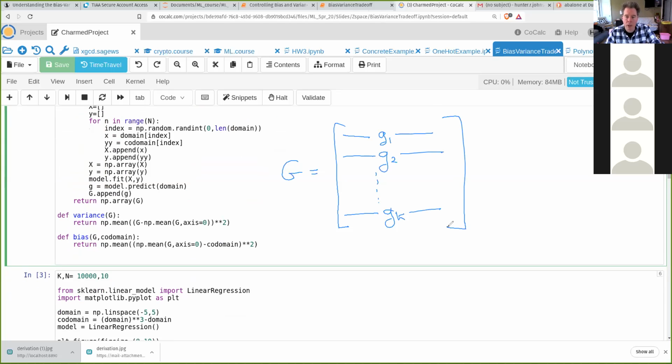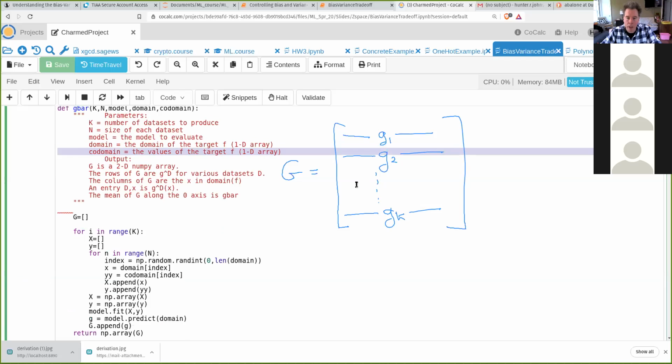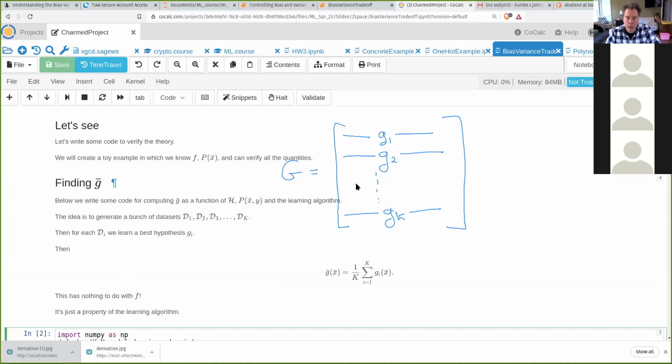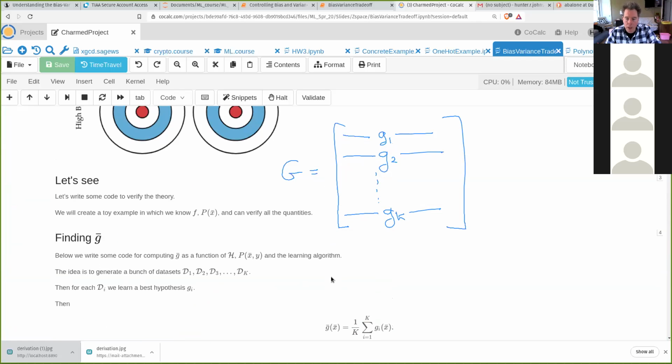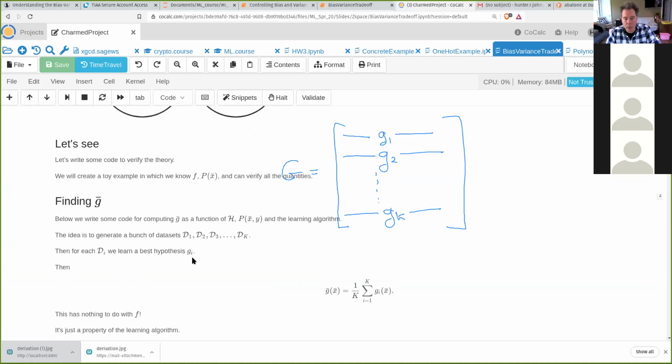And let me just remind you what that gobbledygook means. So that is in terms of this notation right here. So these g i's are the best hypothesis that you see for each data set. So there are K data sets, and then each row is the best hypothesis for that data set. So how do you make a function a row?